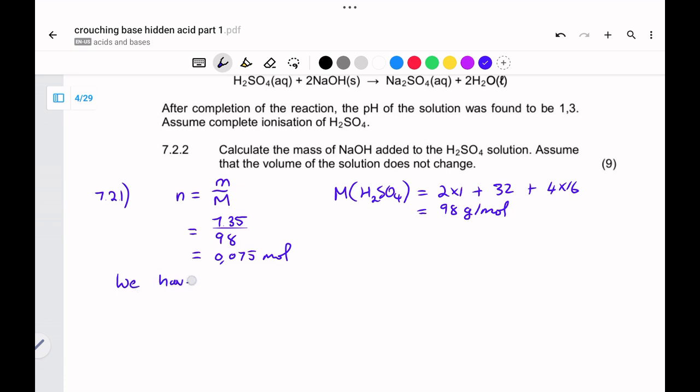Generally, they want 2 decimal places. So this is the number that I'm going to quote my answer. But this is the number that I'm going to work with in my calculations.